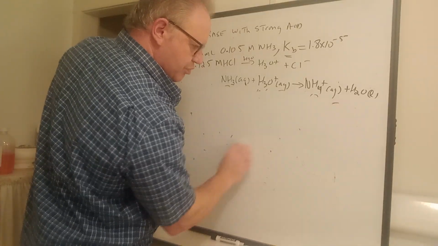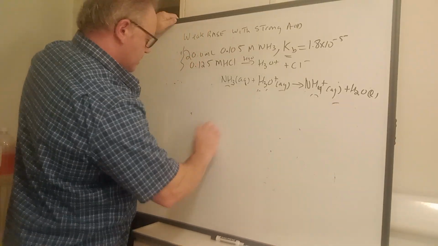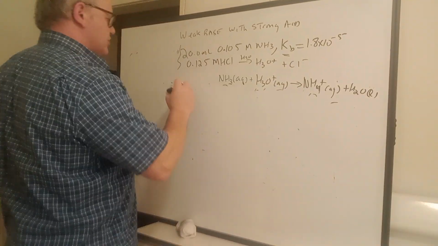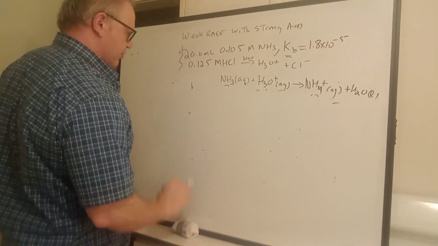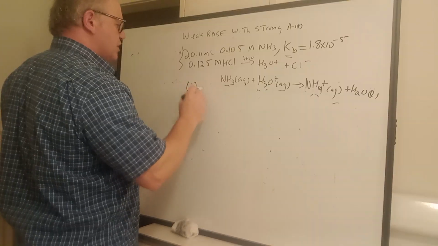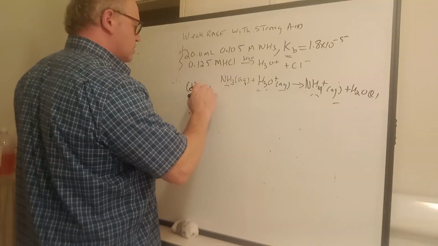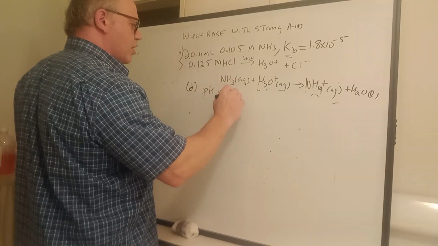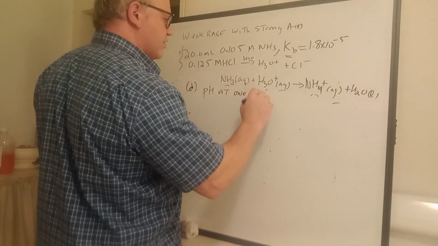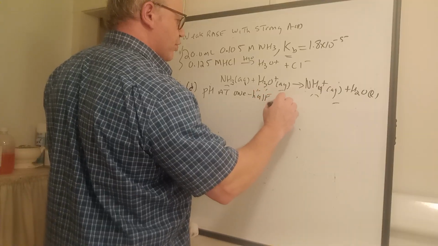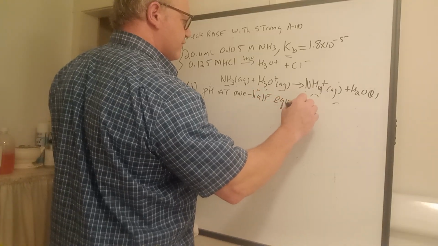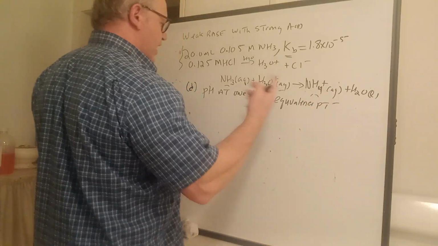So the next part of the problem is D. D is the pH at 1/2 equivalence point. That's your halfway there.